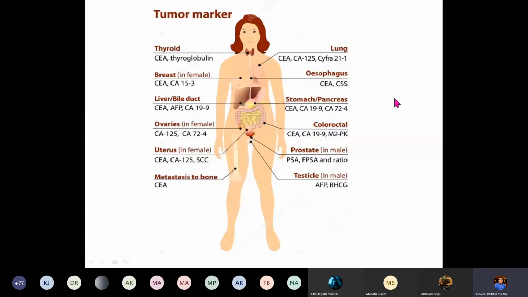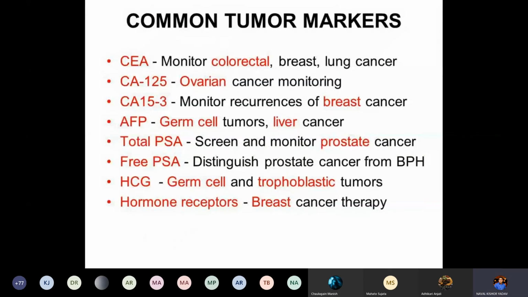Okay, so these are a few tumor markers which have been used. Not only in one disease, one cancer, these tumor markers increase in many different types of cancers.